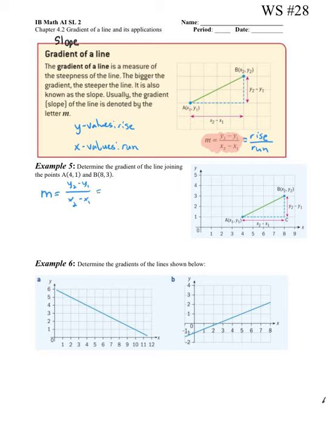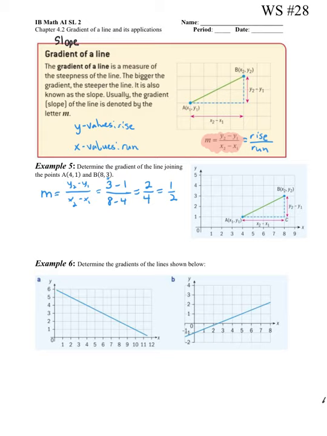And it honestly doesn't matter as long as we're consistent. Like if I use 3 as y sub 2, then I have to use 8 as x sub 2. And in this case, I get 2/4, so our slope would be 1/2. That's it. That's the idea.